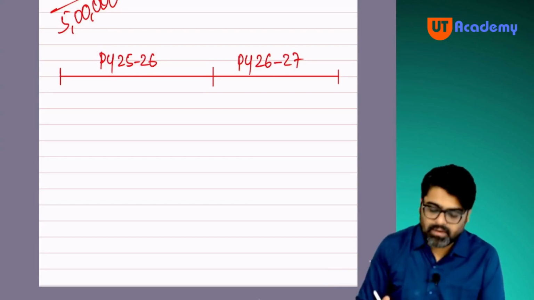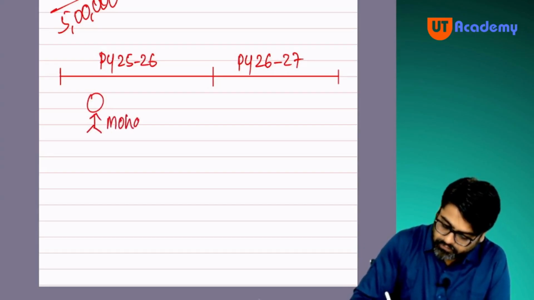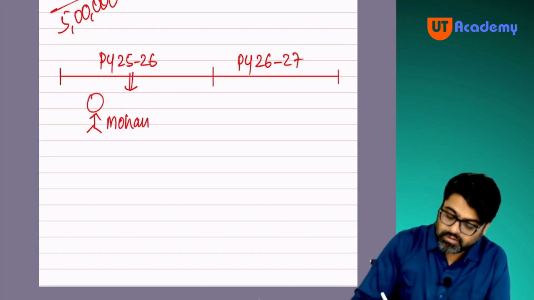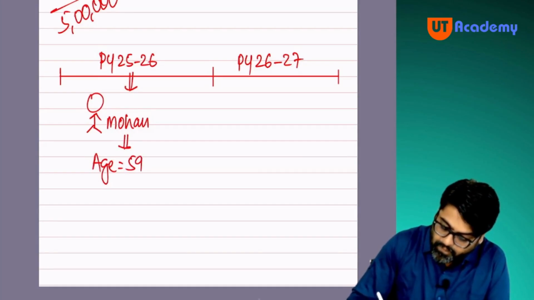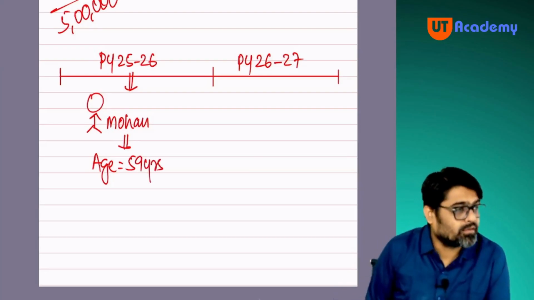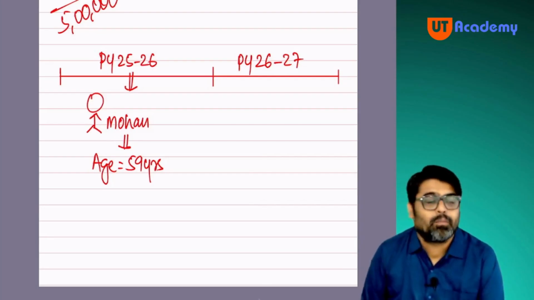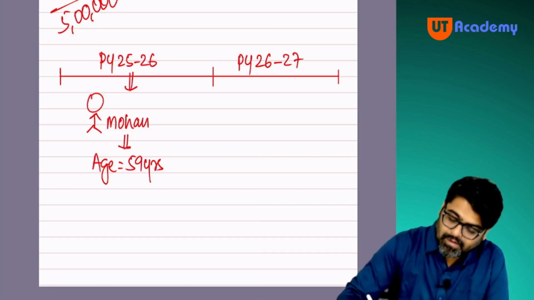Now, for example, if this person, his name is Mohan, during the previous year 25-26, Mohan's age is 59 years. And Mohan's birthday falls on 1st April.